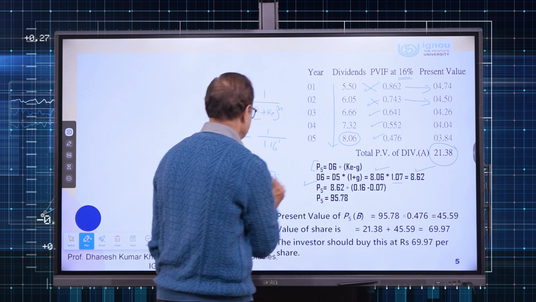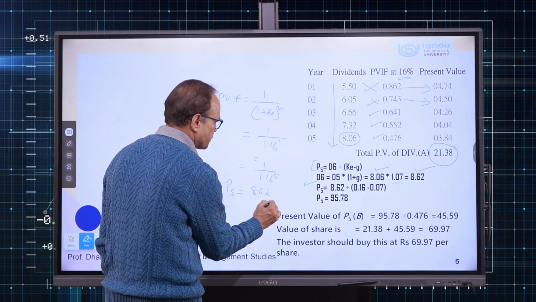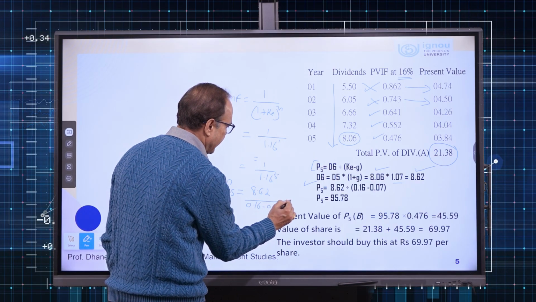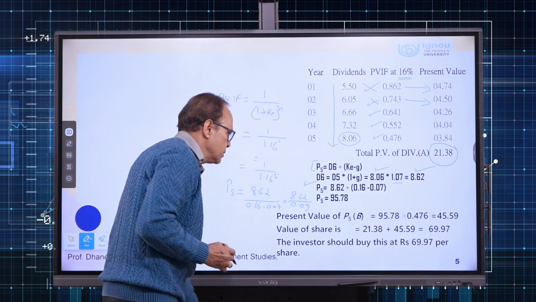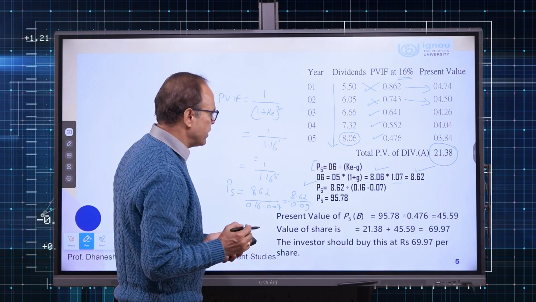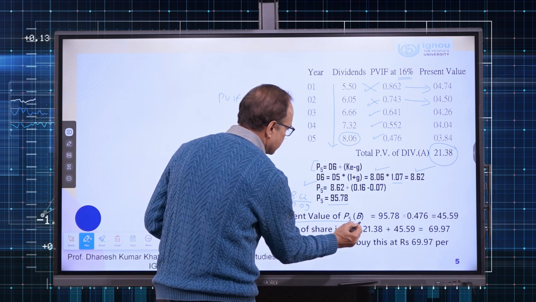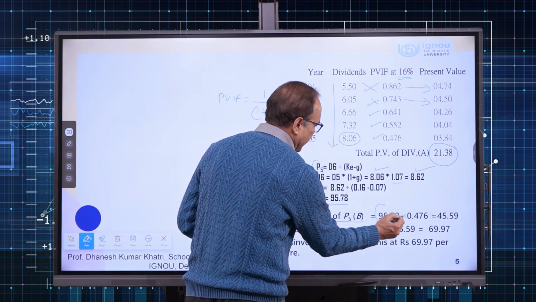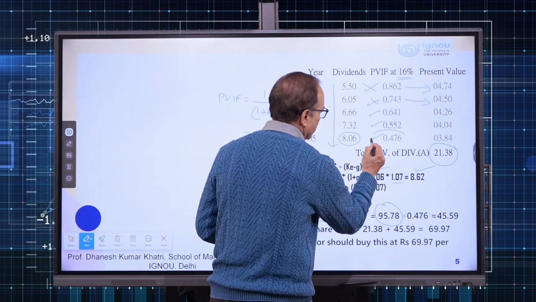So P5 will be simply 8.62 divided by 0.16 minus 0.07. That means 8.62 divided by 0.09. So we get 95.78. That is P5, and the present value of P5 is answer B. It means 95.78 is the expected price at the end of the 5th year from now, and the present value factor for the 5th year is 0.476.